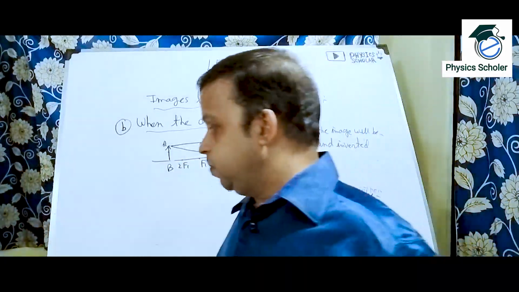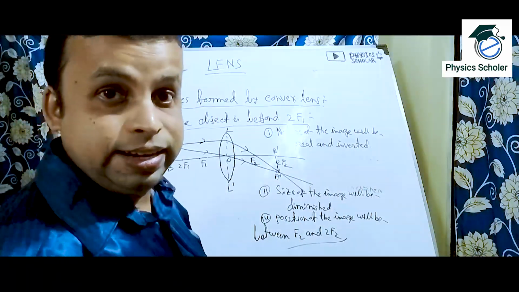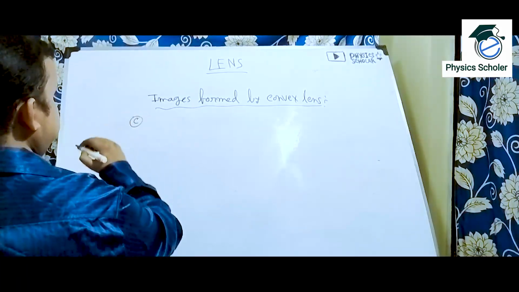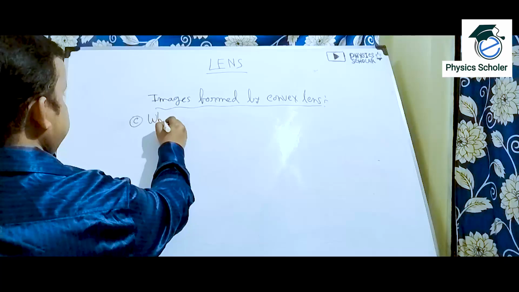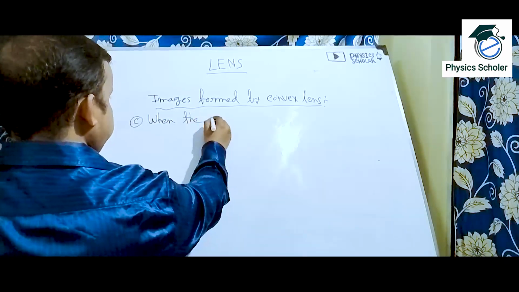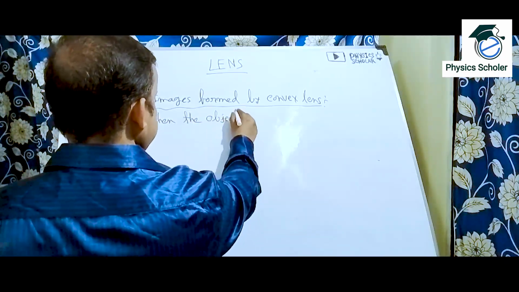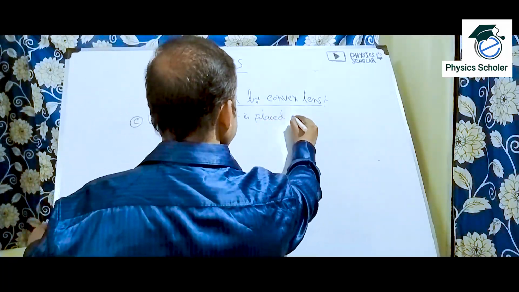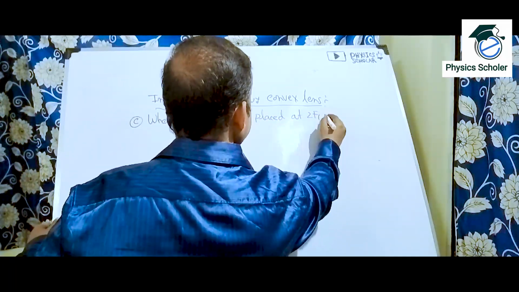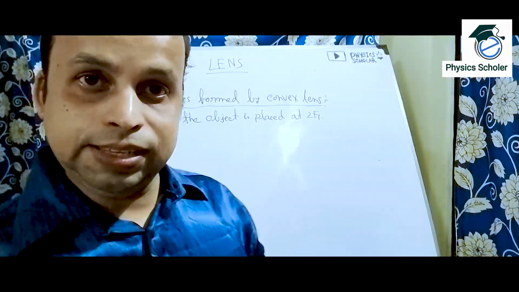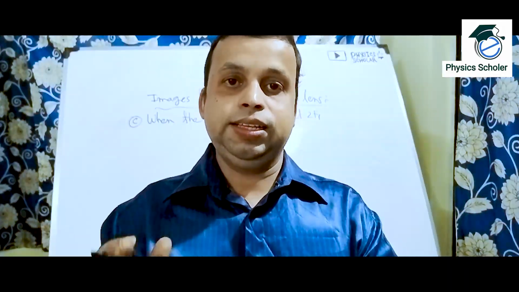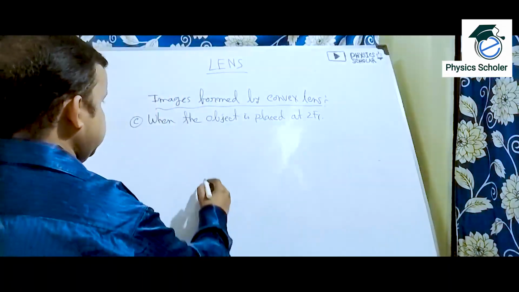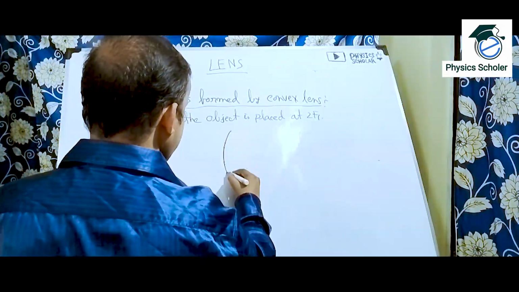Okay, so now let us move to the next condition. Now the next condition, number 3, is when the object is placed at 2f1. That means the object is placed at double focal length in front of the convex lens. Okay, so let me draw.